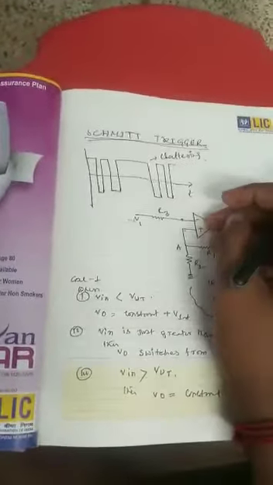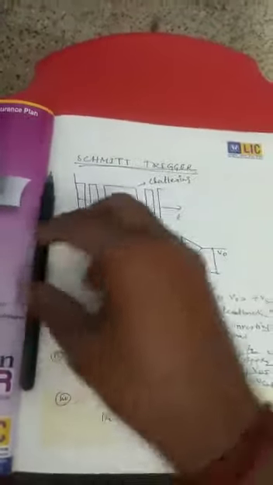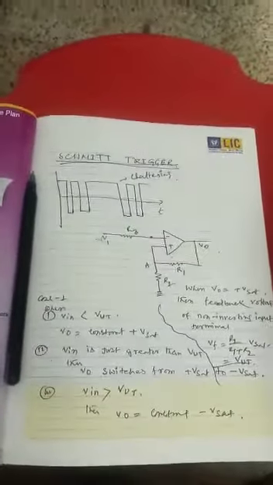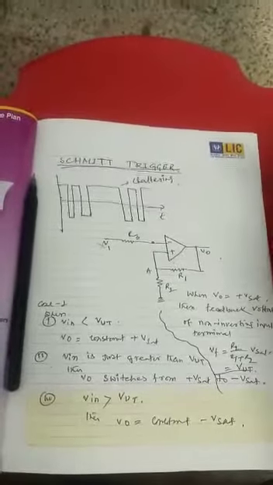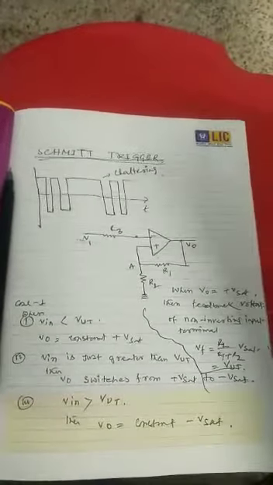Again, when the input voltage is applied to the comparator circuit with respect to the reference voltage, the output voltage will be square pulses from the input signal. When the applied voltage is a sinusoidal signal, the output voltage will be square pulses. This is the comparator output.